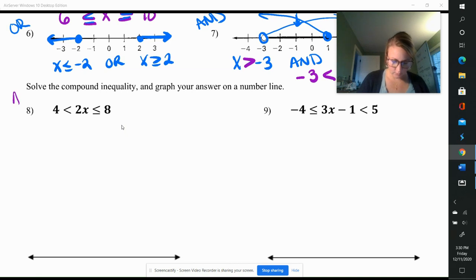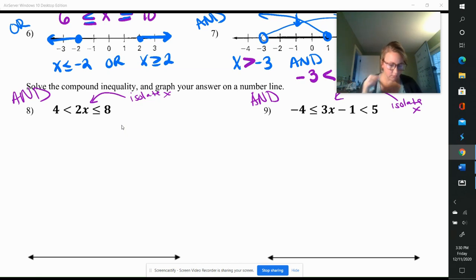So for and inequalities, our goal is to isolate x in the middle. So whatever you do to the middle in order to get x by itself, we have to do to the middle, obviously, but also to the right and to the left.